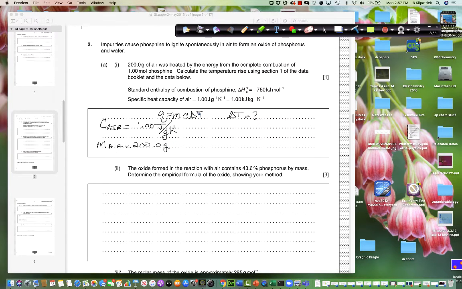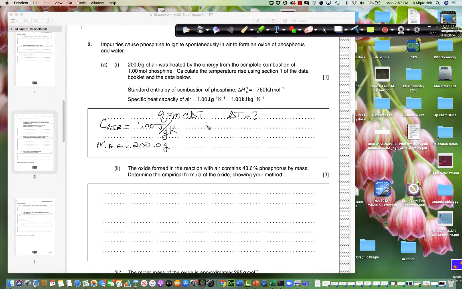Now, if we're looking for the temperature change of the air, we have the c of the air, we have the mass of the air, and we need to know how much heat was absorbed in this process. We also know that the heat of combustion for the phosphine is 750 kilojoules.